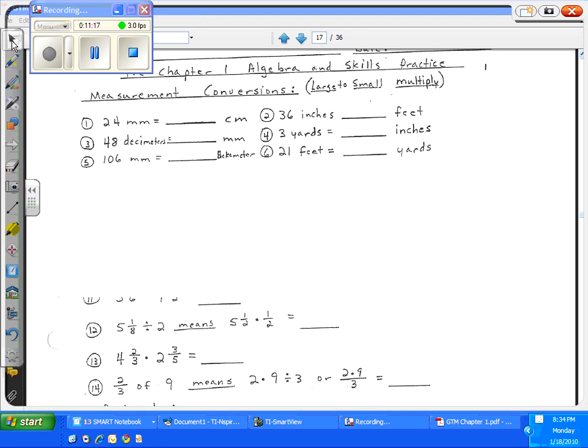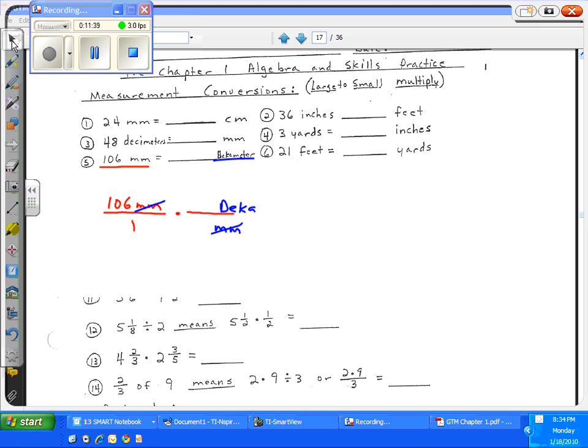So we're going to start with 106 millimeters, and we're going to multiply such that we lose the name millimeters and gain the name decameters.